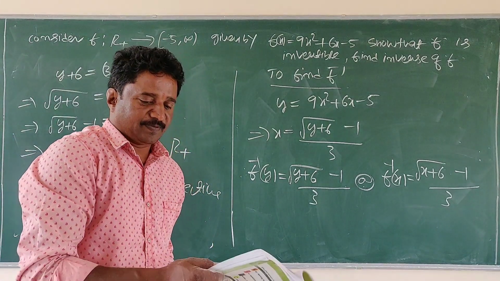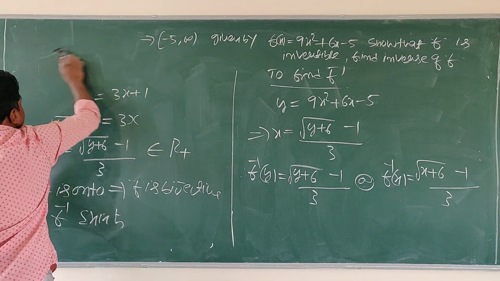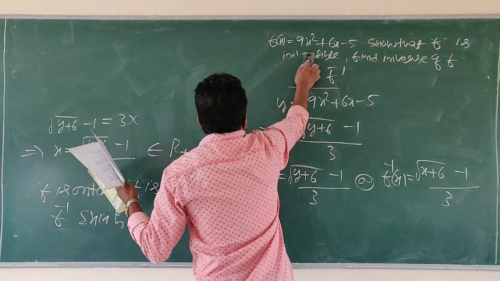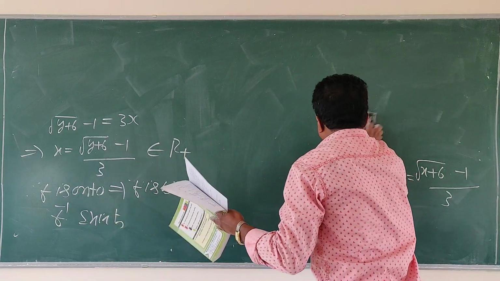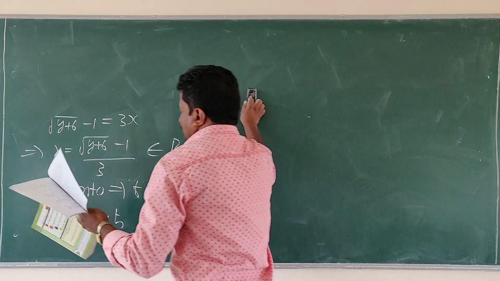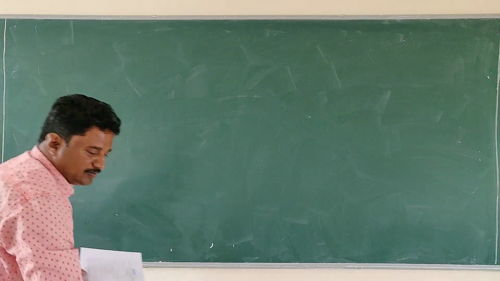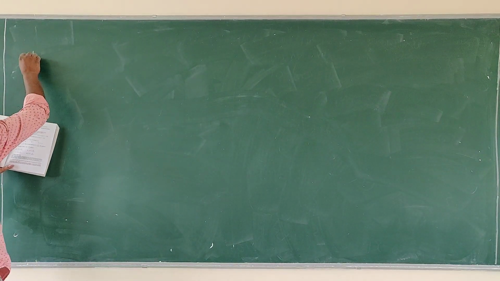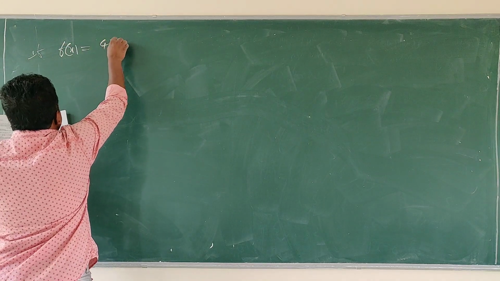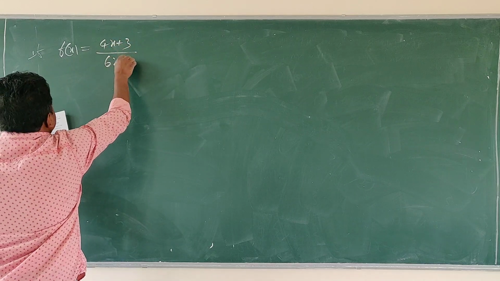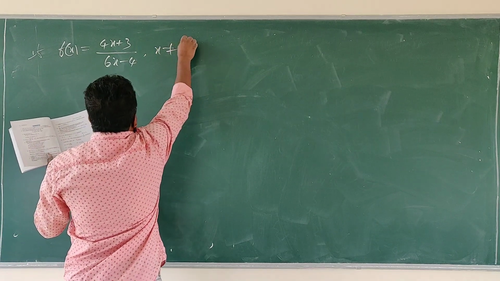So write, one more question. If f of x equals 4x plus 3 by 6x minus 4, show that x is not equal to 2 by 3.